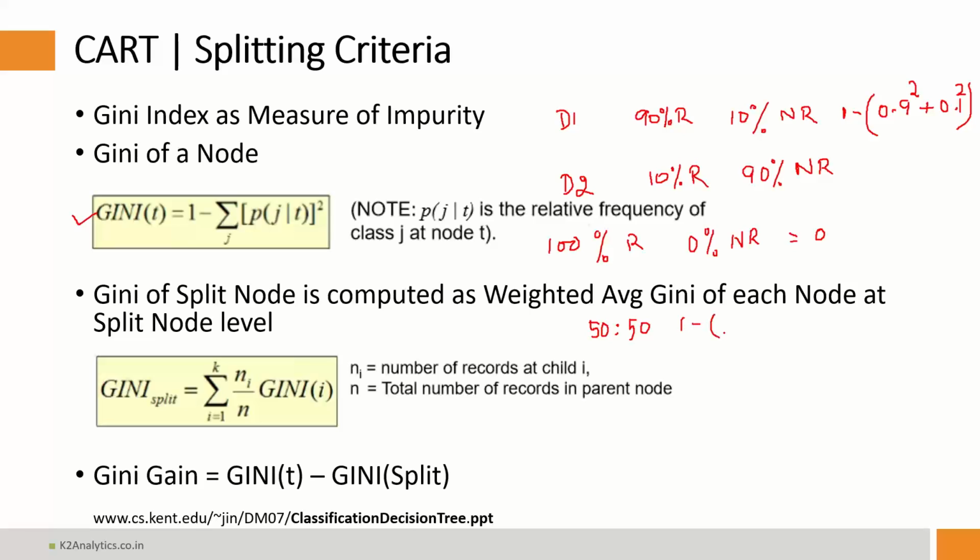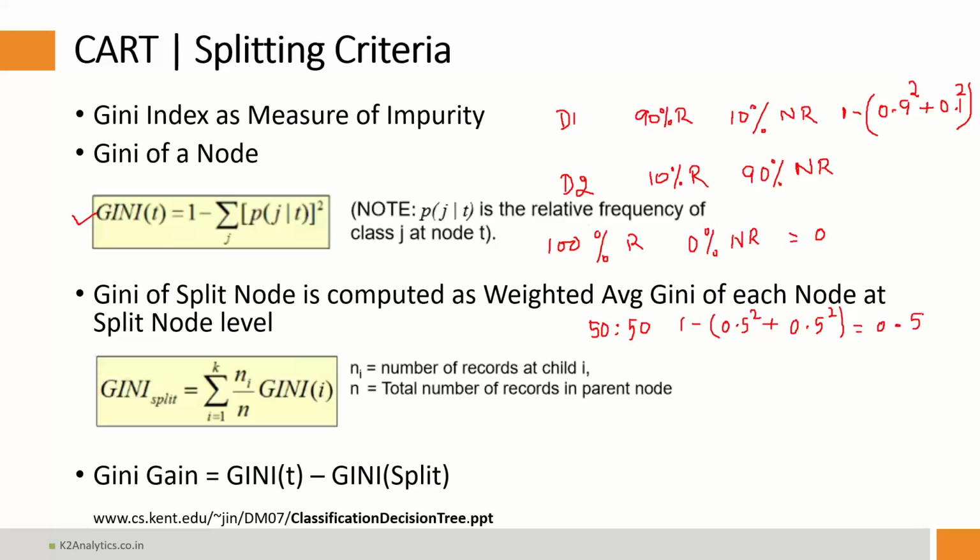In this case, the Gini will be 1 minus (0.5 squared plus 0.5 squared), and this will turn out to be 0.5. The highest level of impurity in a two-class system is 0.5, which means both of them are in equal proportions.